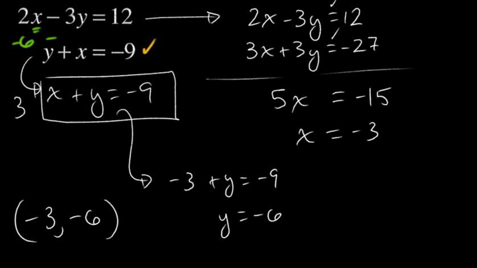And then minus 3 times -6 would be plus 18. And if I take 18 and from that I take away 6, yes, that would be 12 also. So both of those check. My solution is the point x is -3, y is -6.